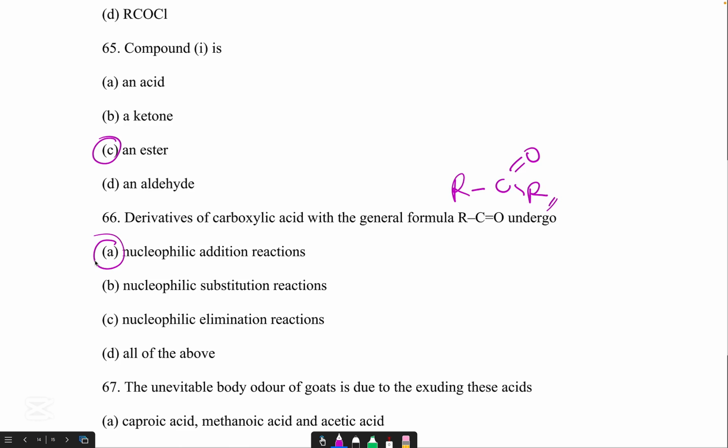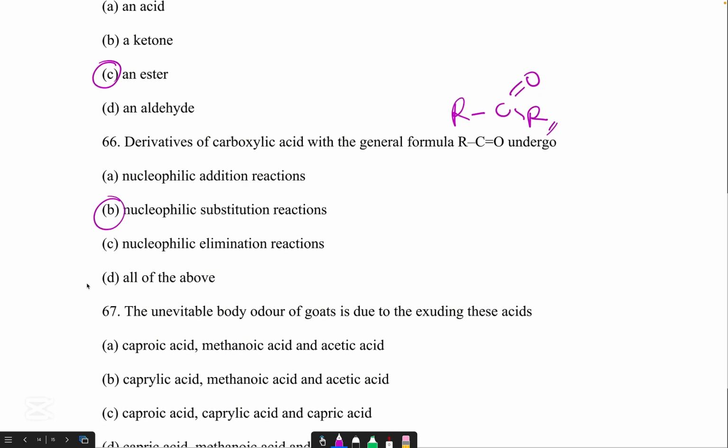They undergo nucleophilic substitution reaction, not addition. Sorry. All right. Nucleophilic substitution reaction, not addition. So option B is correct. Is that okay?